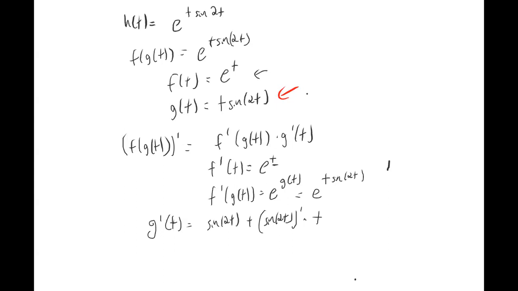Now, how do I find the derivative of sine of 2t? Again, you don't know this. You only know the derivative of sine t. Derivative of sine is cosine, so the derivative of sine t is cosine t. And you know the derivative of 2t is 2. So what rule am I using to find the derivative of sine of 2t?